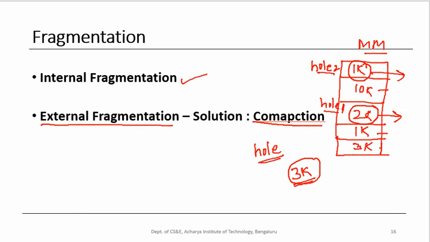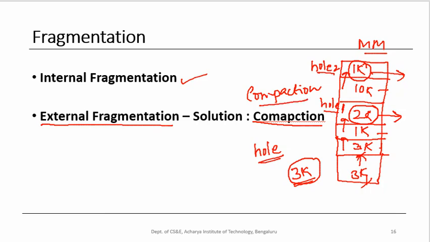What is compaction? In this case you can push this process up, this process up, and also this process up, and bring all the holes together so that you get a space of 3K here after those two processes go out. This is called memory compaction.